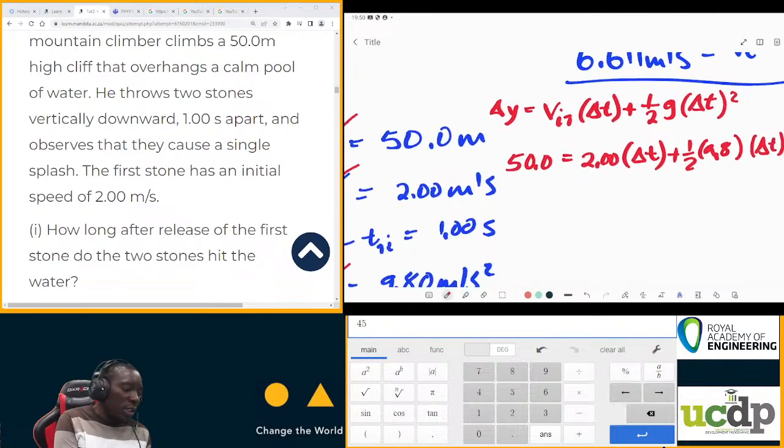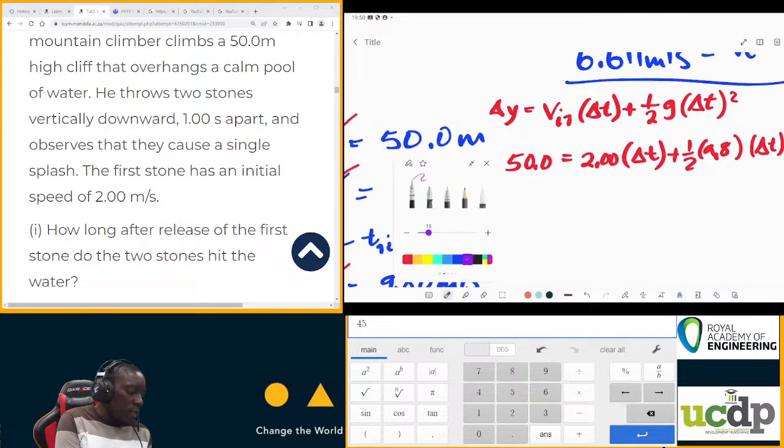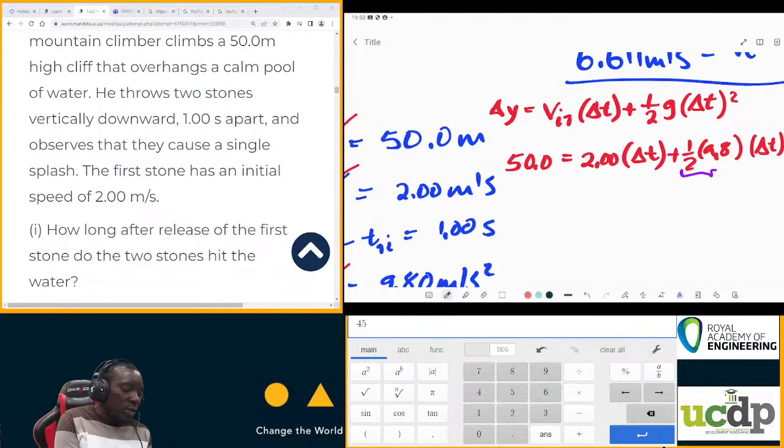So this is a quadratic equation, with this coefficient as your a, this coefficient as your b, and that coefficient as your minus c. When we take it to the other side, it becomes c. So it means in this case it's quadratic in terms of delta t.